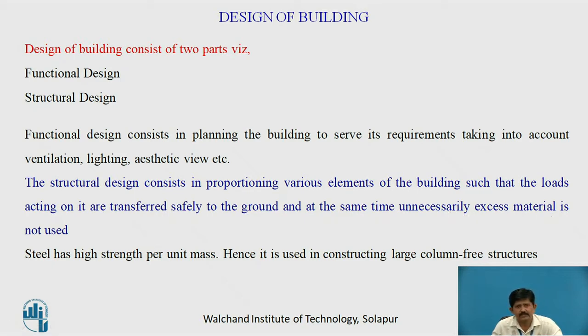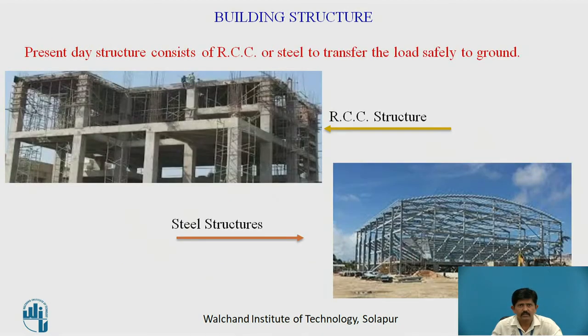Steel has high strength per unit mass, hence it is used in constructing large column-free structures. So, present day structures consist of RCC or steel structures to transfer the load safely to the ground.